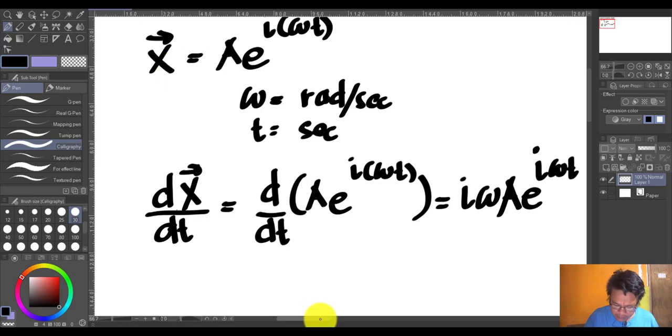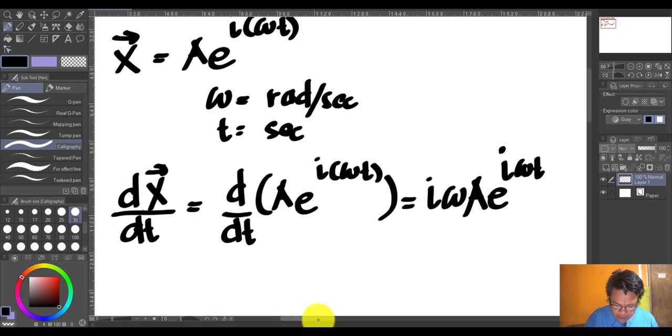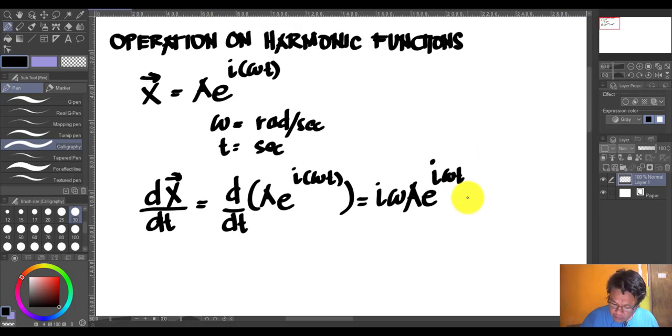So I can further rewrite my equation: this will become i, angular velocity, times the value of your x bar. So I can represent my equation like this.